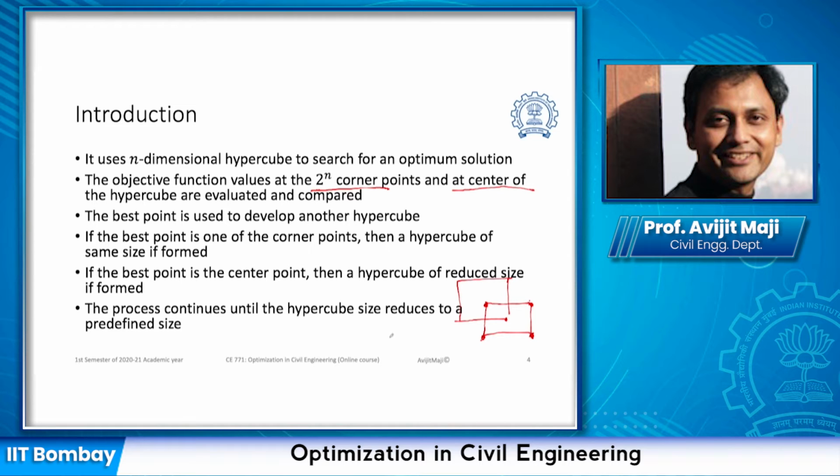So in case of a cube, you can imagine we are dealing with 8 corner locations as well as the center. So if the number of variables increases, it is going to increase in that order.